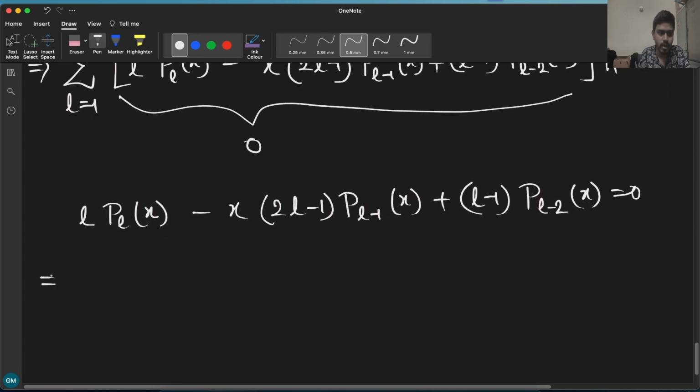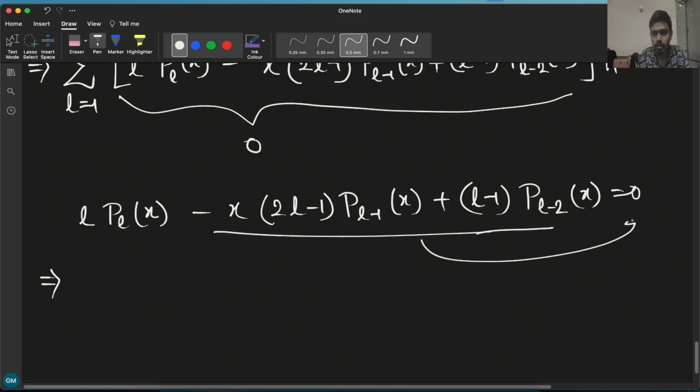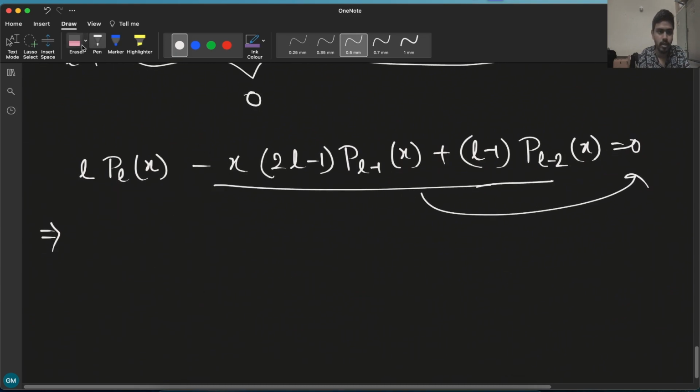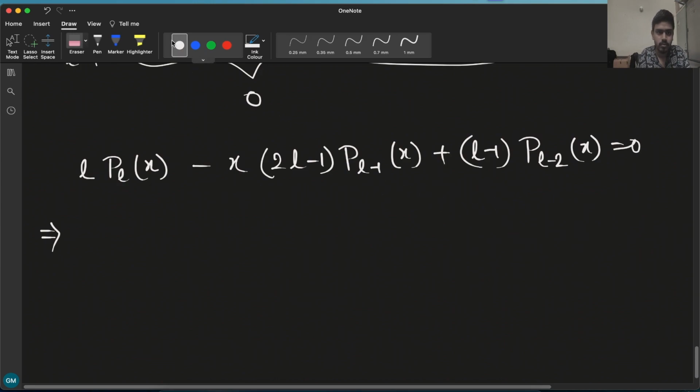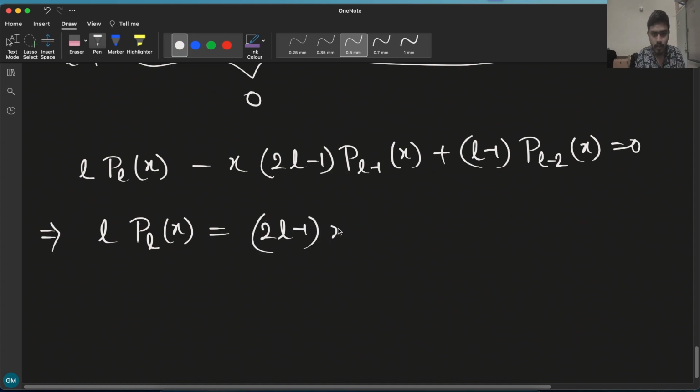And our recurrence relation is proved. If I take these two terms to the right hand side, then basically we will get L P_L(x) equals (2L minus 1) times x. Instead of x times (2L minus 1), I'm just interchanging it.